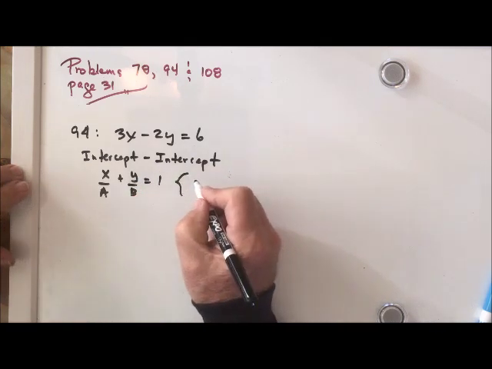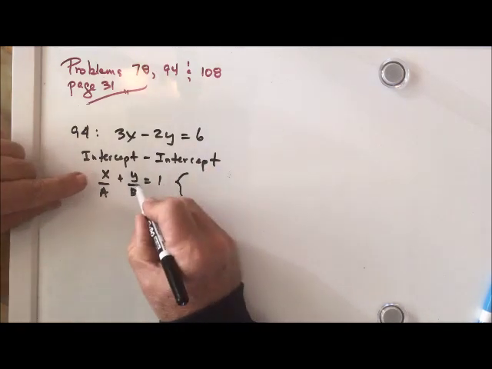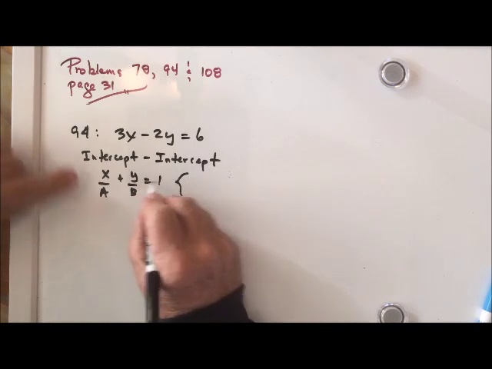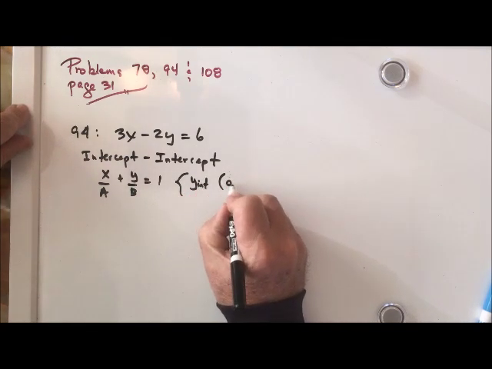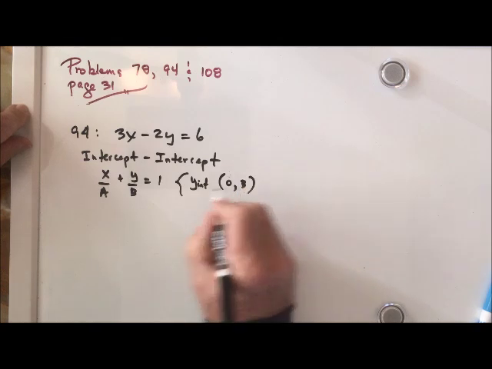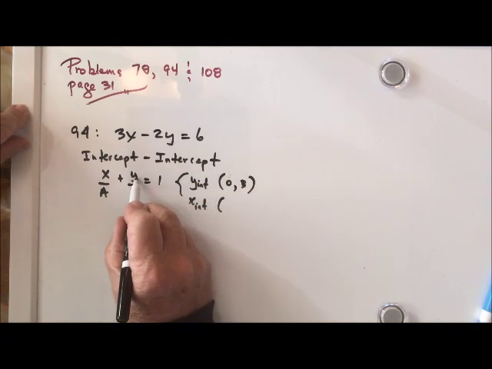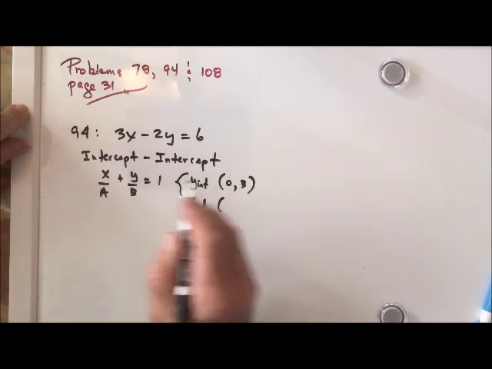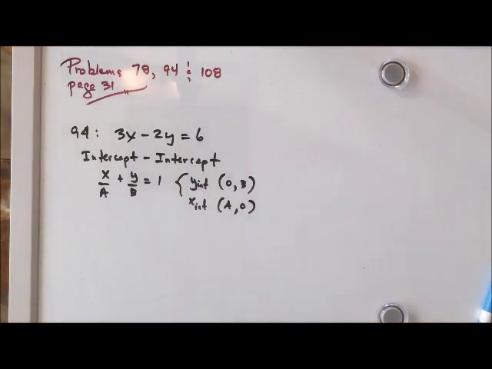It's interesting because to find the y-intercept, we set x equal to 0, and you can immediately see that the y-intercept is the point (0, b). Likewise, you can immediately see that the x-intercept, set y equal to 0, solve x over a equals 1, is (a, 0). So this form really shows off the intercepts very quickly.